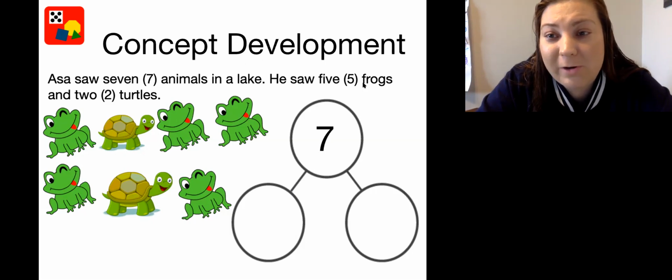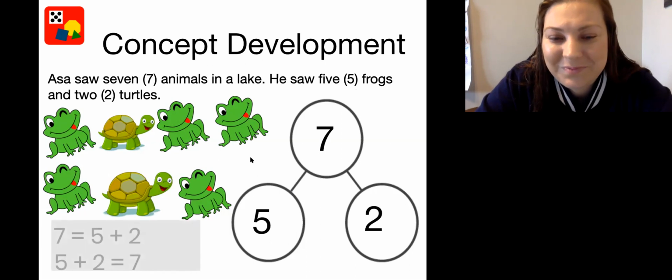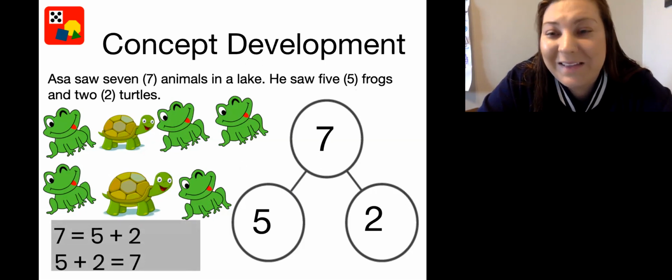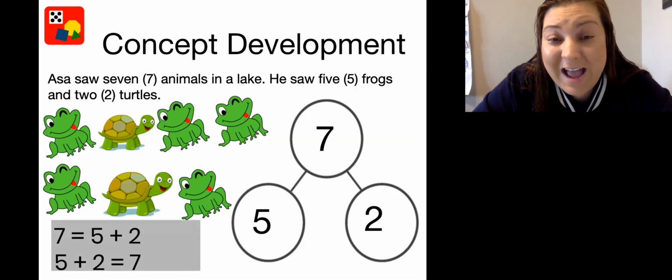How many were frogs? We see the word and the number, and we can also count. So we see 5 frogs, and then the word and the number of turtles. How many turtles? 2. Very good. So our number sentence is 7 equals, repeat, 5 and 2. Very good. We can also say 5 and 2 make 7. Your turn.